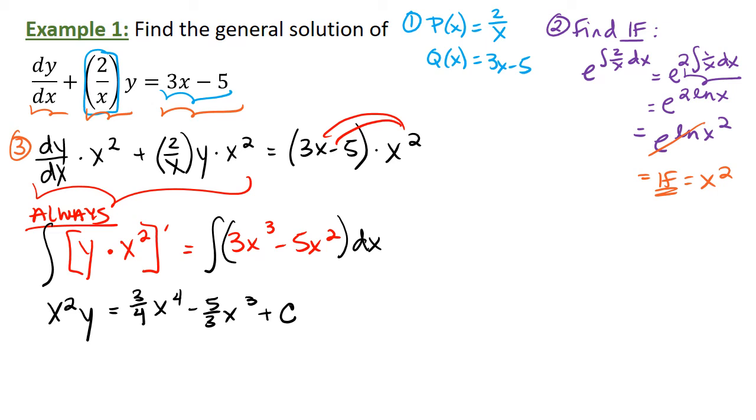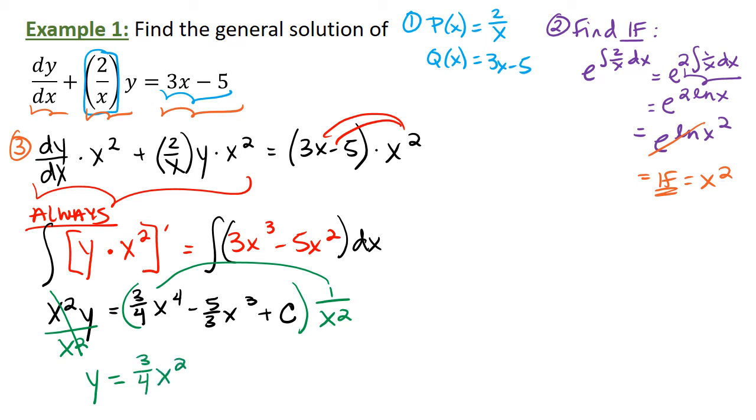Now, I want you to recall, if I'm trying to find the general solution, I want to get y by itself. So I'm going to divide everything here by x squared, which is the same as multiplying by 1/x squared. When I do that, I end up with y is equal to 3/4 x squared, because some of the x's cancel.